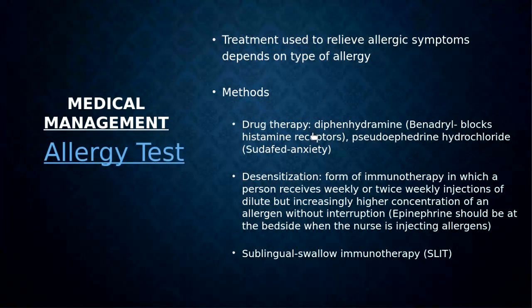They can give Benadryl, diphenhydramine, some histamine blockers to get that under control if need be. Epinephrine, always have epinephrine available for those allergic reactions as well, and you're just going to give that IM or IV or sub-Q.